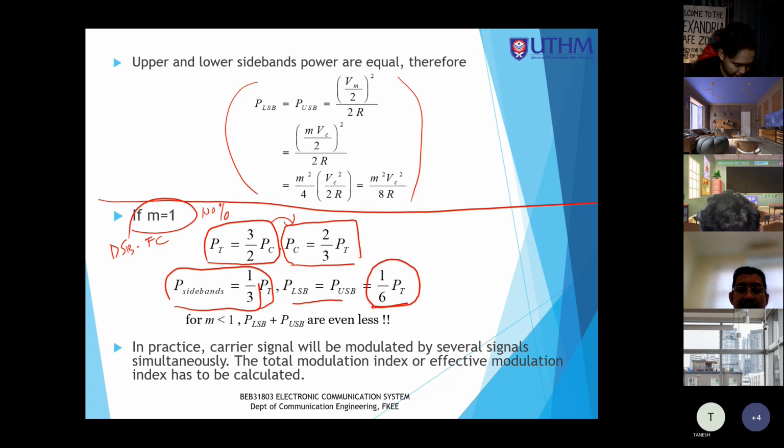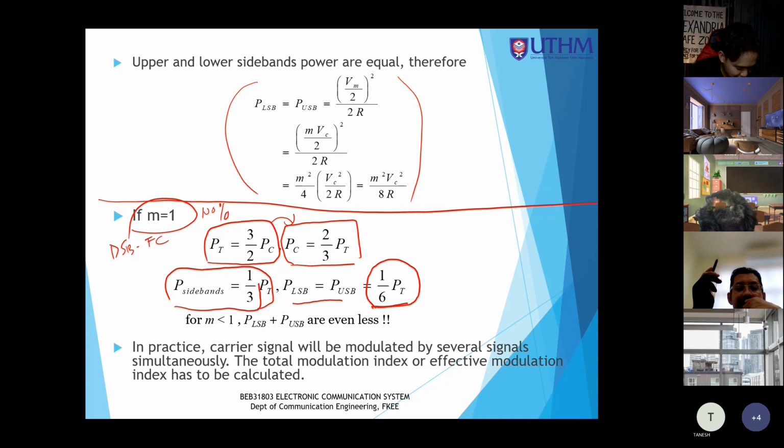Okay, perlu diingat bahawa sideband ini mengandungi informasi. Secara idealnya, kita inginkan power sideband ini lebih besar, sebesar yang mungkin. Okay, in the ideal case, dalam keadaan ideal, kita inginkan power of the sideband to be as high as possible, kerana dia membawa informasi, dia mengandungi information yang kita nak hantar.